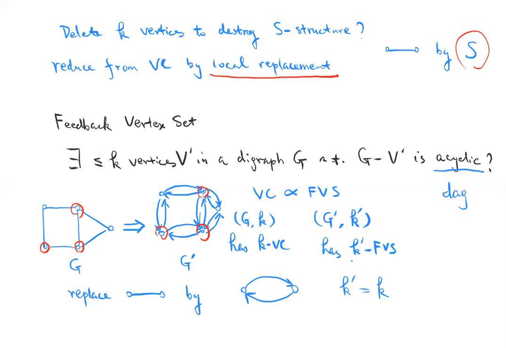It's a cycle of length 2 called a diagonal. Di means 2. Di is the same prefix as bi. Bi is a prefix meaning 2. Di also means 2.